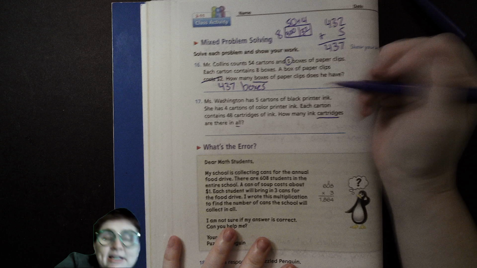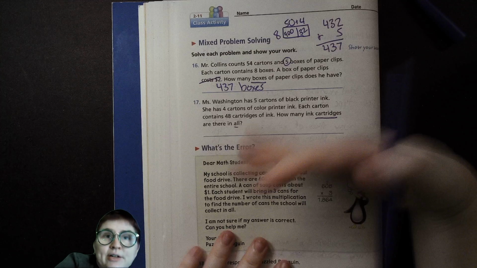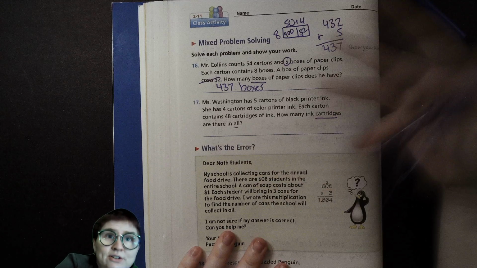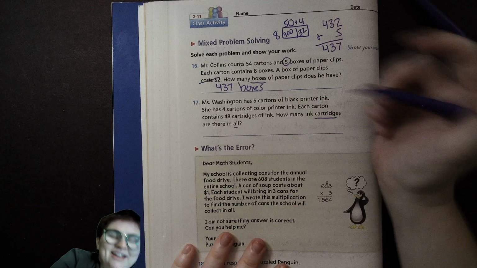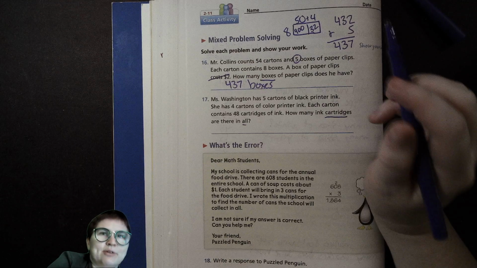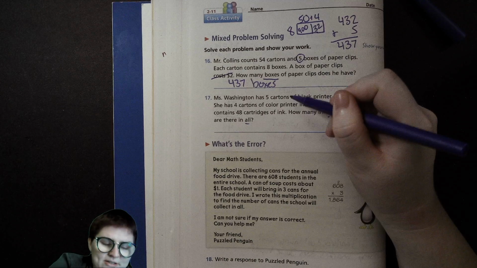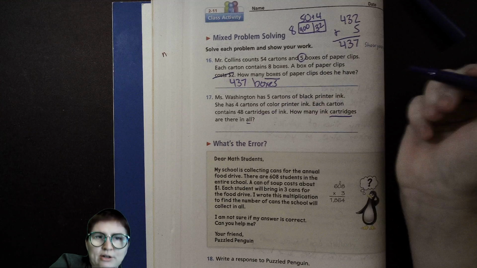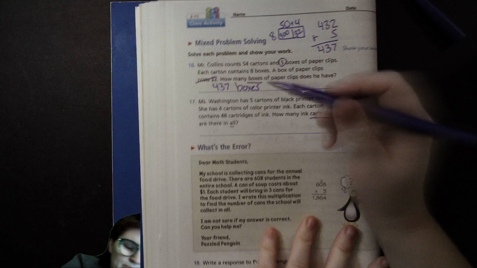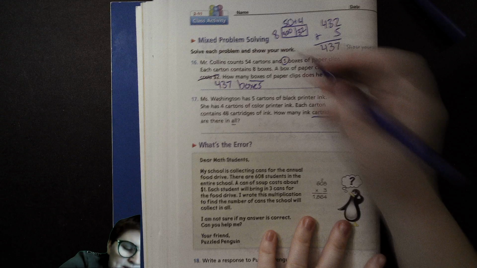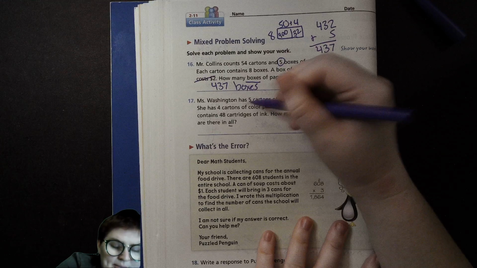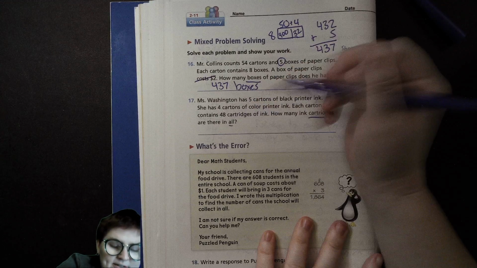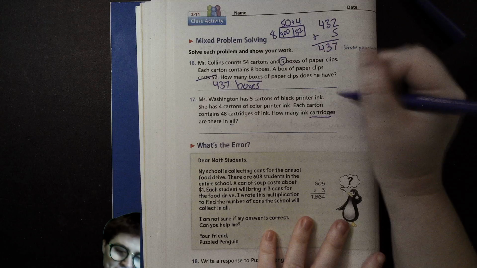It isn't saying specifically black ink or color ink, so we're assuming all of it, so we do need to figure out all of that. I think this one has a secret half-step question. We know the cartons for both colors, but we don't know how many cartridges for both colors, right? So what we can do here is we can multiply both of those by 48, the 5 and the 4. So let's do that.